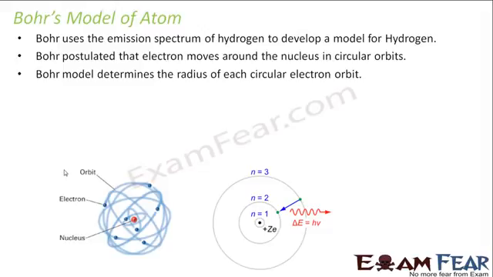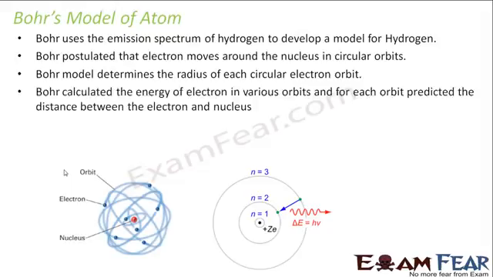Even Rutherford had told that electrons are moving in circular orbits. Bohr calculated the energy of the electron in various orbits, and for each orbit predicted the distance between the electron and the nucleus. Right? So in Bohr's model, he mentioned the exact energy orbits which the electron can occupy.